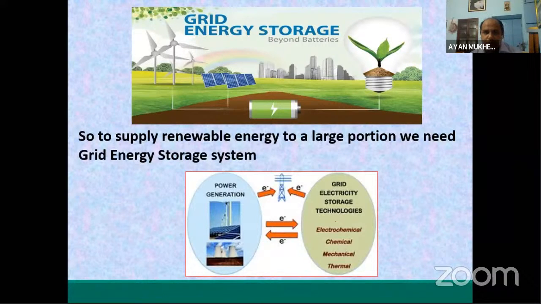And to grow a good grid energy storage system without using batteries, we have to use a new device or system which can store energy in the grid energy storage system. That is, grid means all will give energy to it, and when necessary we will use that energy from that grid.